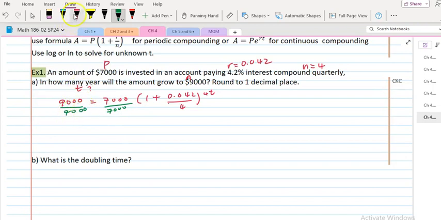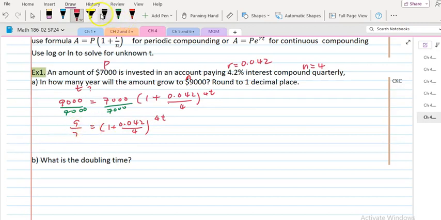So you can simplify a little bit to make it 9 over 7, because dividing by 1,000 would be 1 plus 0.042 over 4 to the power 4t. So this is the b to the t kind of question you're going to see.